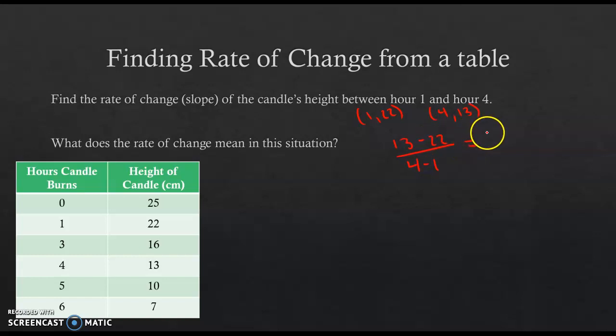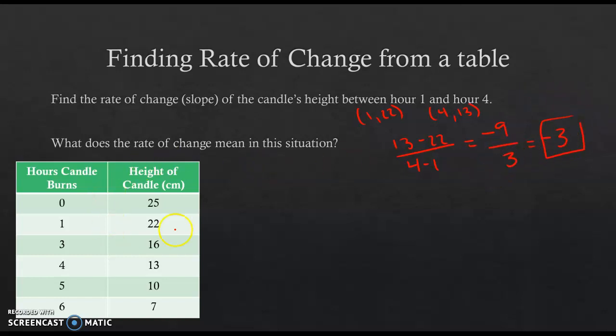And so 13 minus 22 is negative 9. So negative 9 over 4 minus 1 is 3. And then I'm going to reduce. So negative divided by a positive is negative. 9 divided by 3 is 3. So we have a negative 3 is our rate of change.